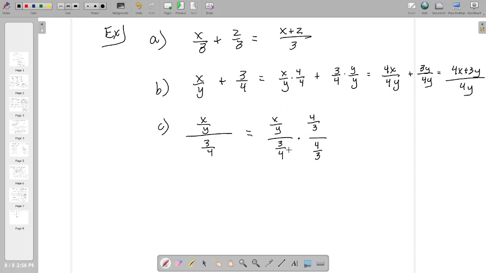But I am going to change the form, as you can see. We have 4 times 3 divided by 4 times 3. So what we're going to get here is 12 divided by 12 in the denominator, which is 1. And in the numerator, we get 4x divided by 3y. This cancels to 1, of course, so we can just ignore it completely, and we're just left with 4x over 3y.